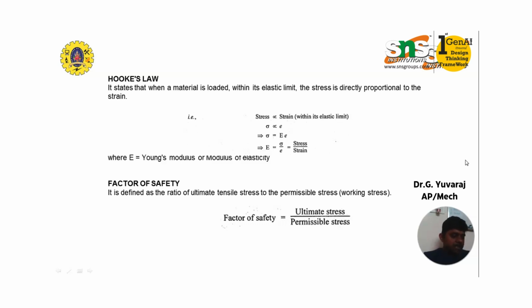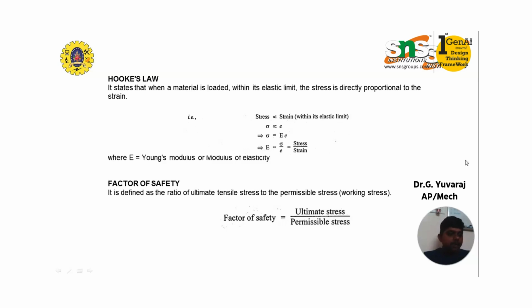Elastic limit means that when the material is subjected to stress load, the first point is called yield, followed by the proportional limit, along with the elastic limit.